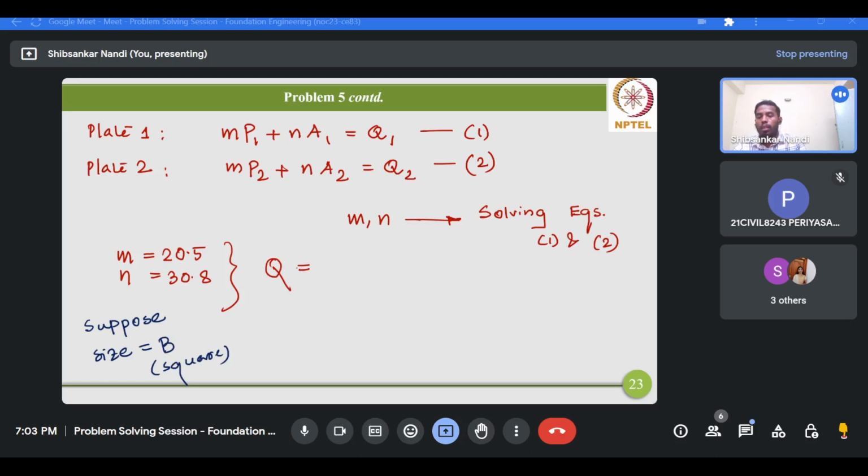So now what would be the load it can sustain with the same allowable settlement? It would be m times 4b, which is nothing but the perimeter of the square column footing, and n times b square.